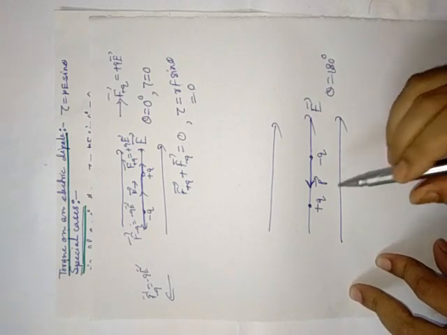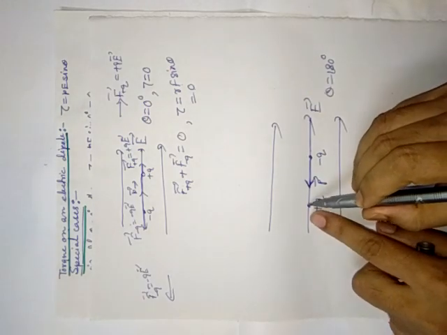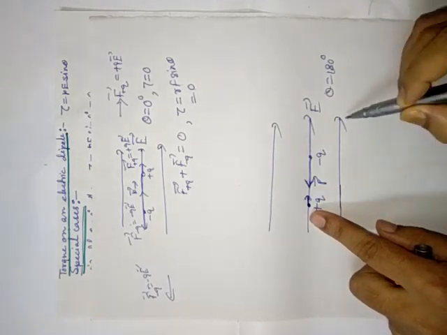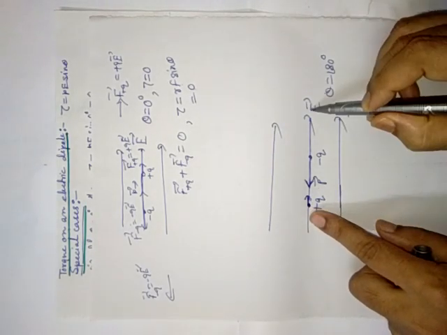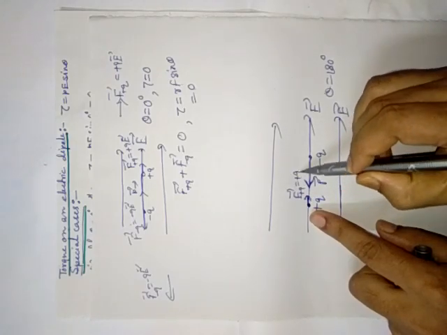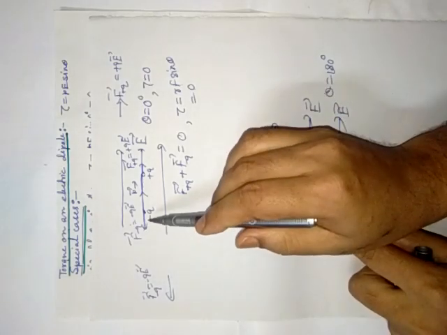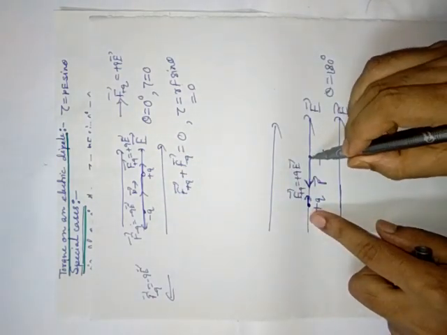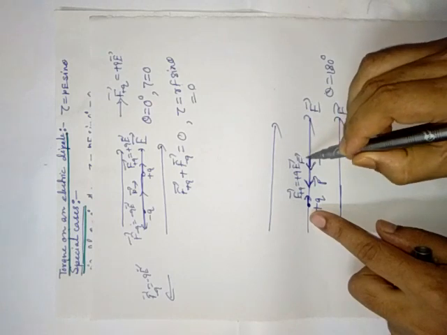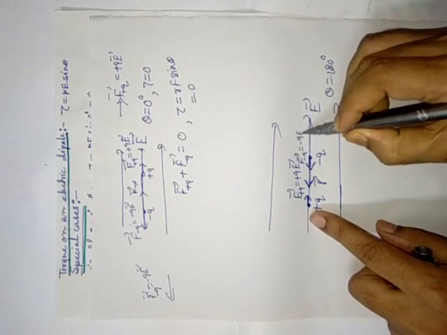Now this time also, what is the force on plus q charge? Force on plus q charge always moves along the direction of what? Electric field. The electric field is along this direction, that means F plus q is equal to plus q into E. And this is the minus q charge, force will be along this direction, F minus q is equal to minus q into E vector.